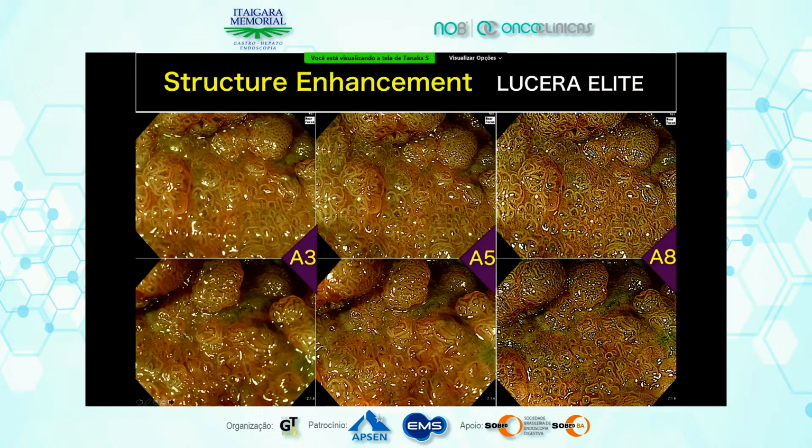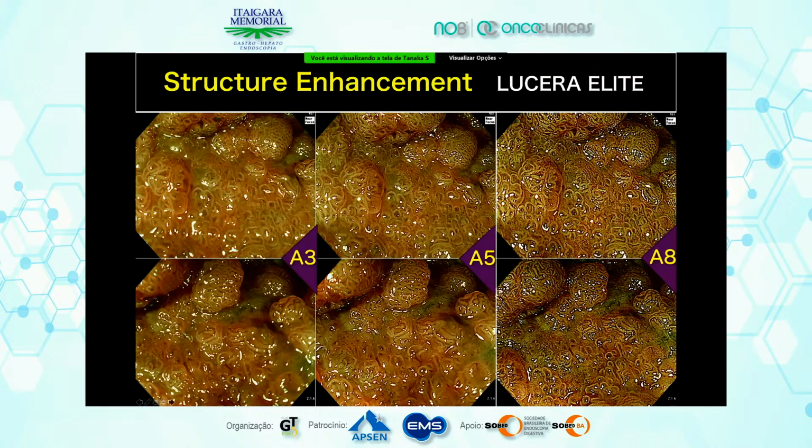This shows a beautiful surface pattern. But if you use structure enhancement A3, you cannot see surface pattern correctly. So to do NBI magnification, please reconfirm the structure enhancement in your system.